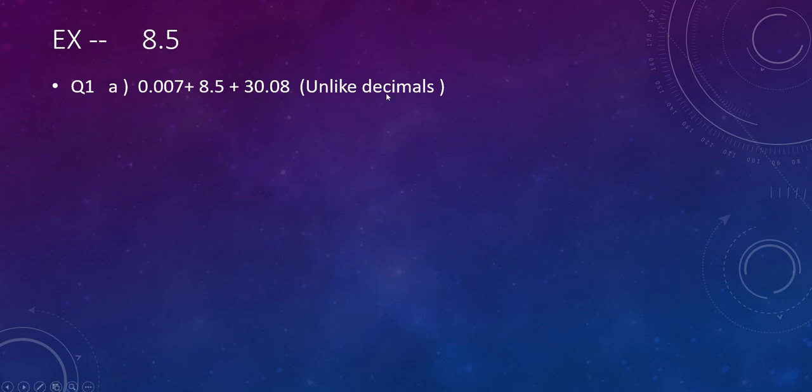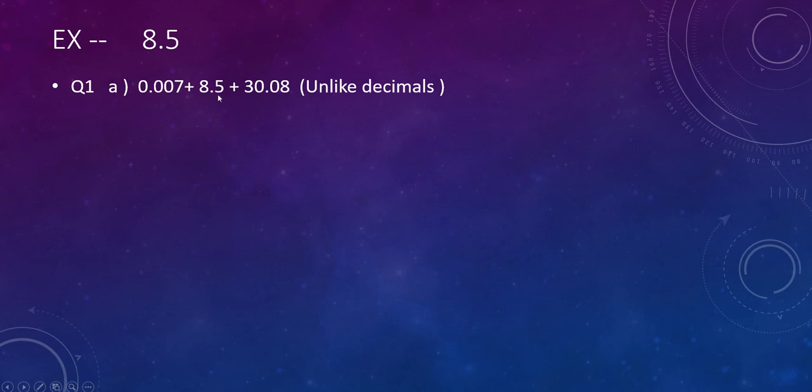Yes, these are unlike decimals because we have different number of decimal places. Maximum decimal places we have is 3. So I will make each number have 3 decimal places. So how will you make it 3 decimal places? By putting zeros at the extreme end.